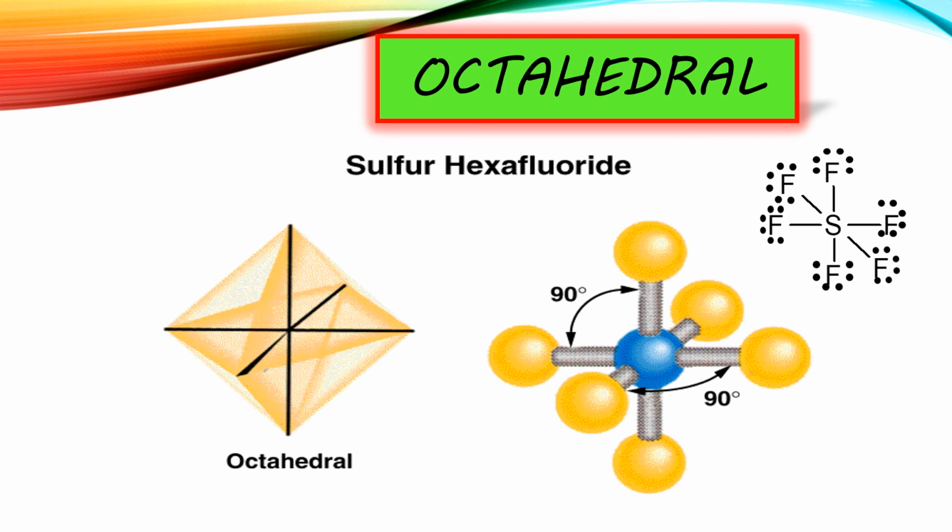The 6 bonding pairs are arranged so that they form a vertical axis and also a plane of 4 atoms, and all the bonding pairs have a bond angle of 90 degrees. The geometry is like two pyramids, one on top and one at the bottom. And the general class of octahedral is AX6.